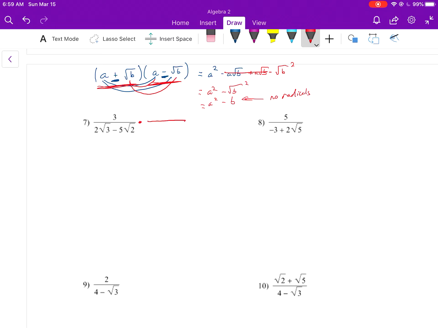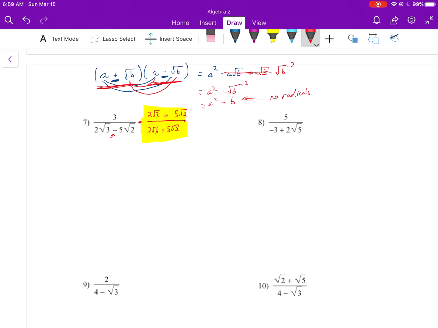So as I just mentioned, it's going to be the same values in the two terms, so 2 root 3 and 5 root 2, but here we have a minus sign, and what I said is you have to change the sign in between, so this will be a plus sign. So we have 2 root 3 plus 5 root 2, remembering that this whole thing here is just equal to 1 because it's something divided by itself.